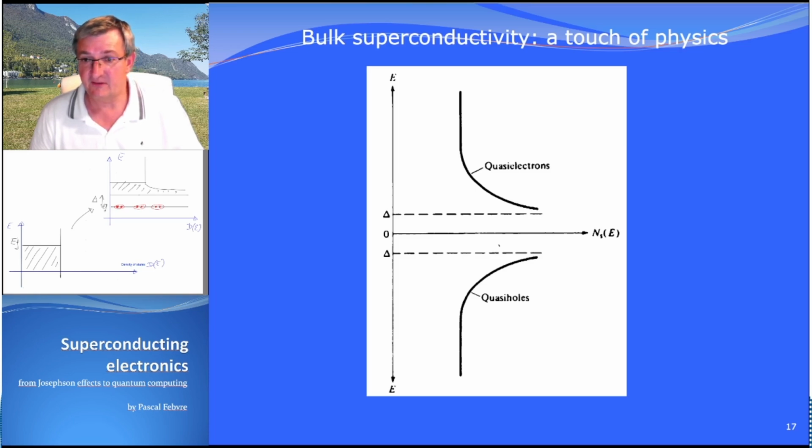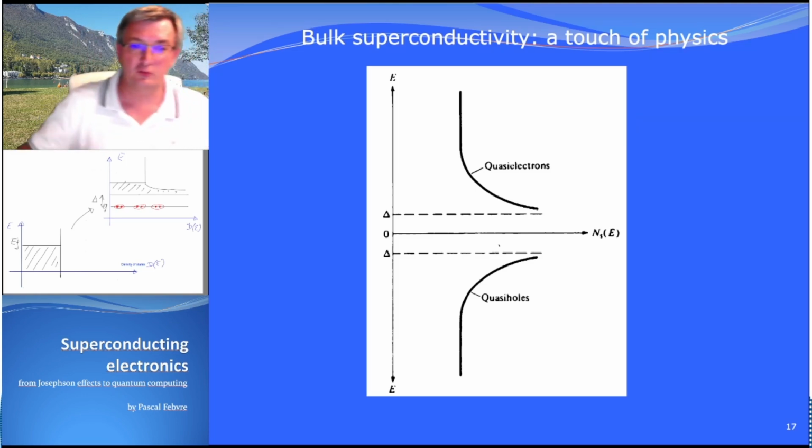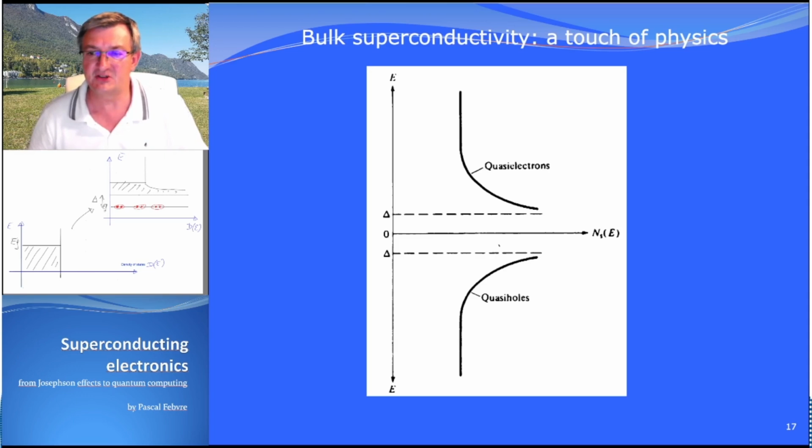This is the Fermi level where all the Cooper pairs are, and when you break a Cooper pair, you change the referential and get one hole here and one electron here. So you have a difference of 2 delta of energy to go from this band to this one.